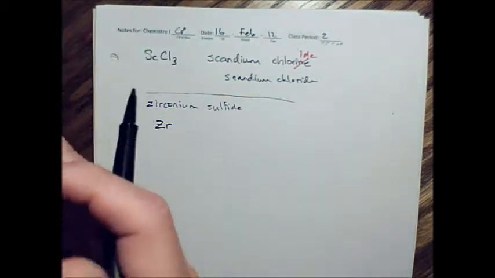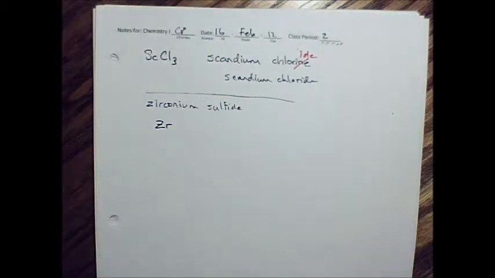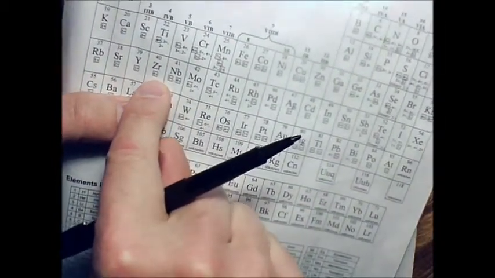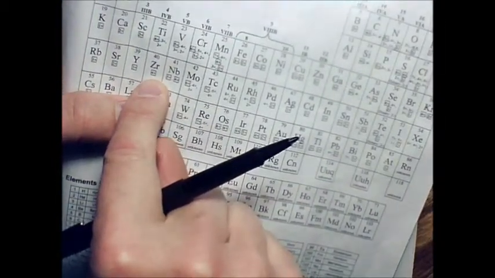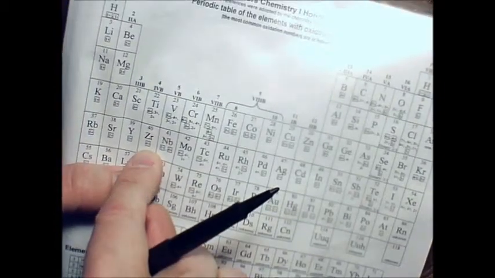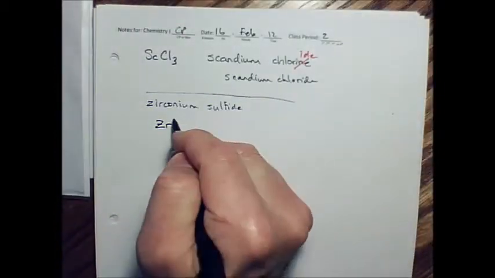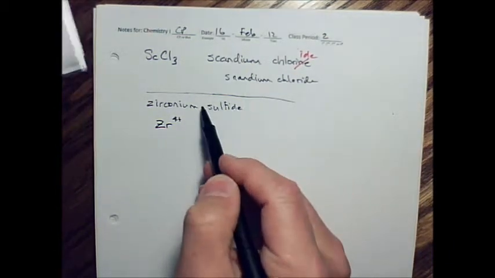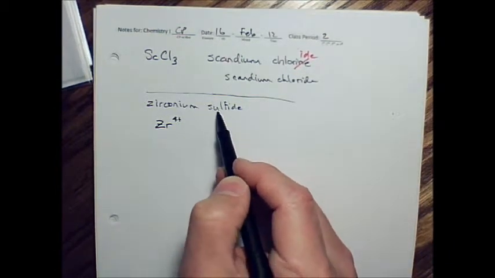We need to find what charge number or numbers zirconium has. Zirconium only has one oxidation number on the periodic table, let's say 4+. If it only has one kind of oxidation number, we don't need a Roman numeral, and there is no Roman numeral here.